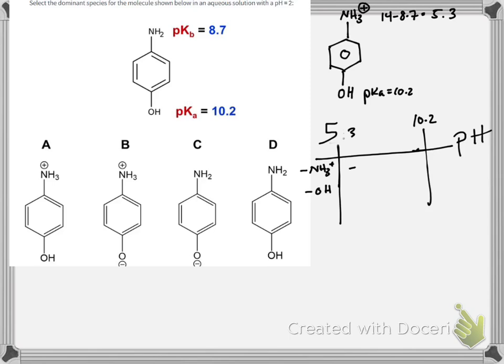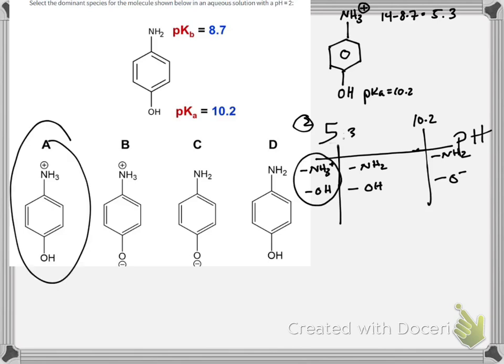If the pH is between 5.3 and 10.2, then the nitrogen group will take on its base form. But the oxygen, the OH group, does not change until you cross its pKa. All right, so it looks like that.